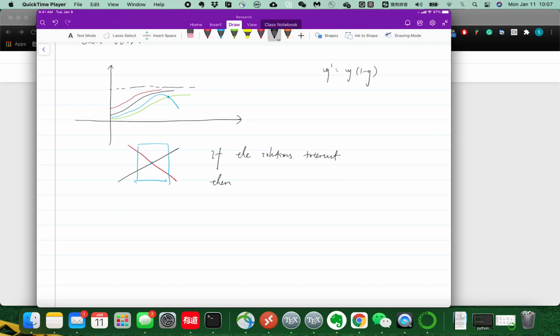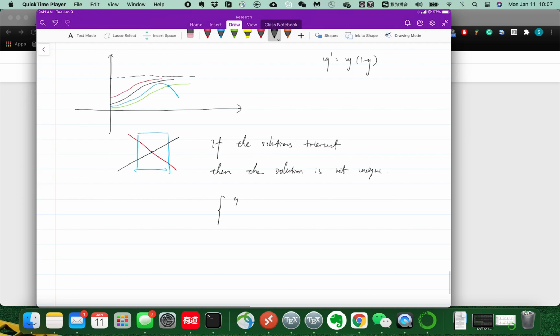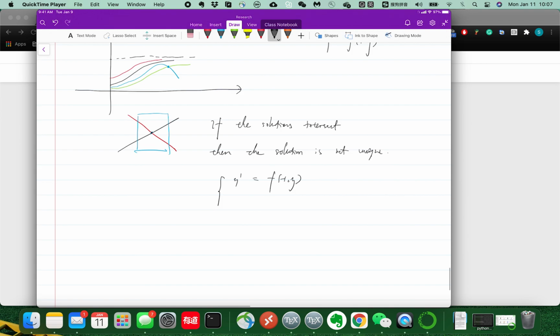For what I just drew here, with the initial condition here and the ODE, and the intersection as your initial value, it violates the Uniqueness Theorem. So if you already know that your solution is unique, then there is a guarantee that no matter how you draw those solutions, they will never intersect. And that becomes very useful.